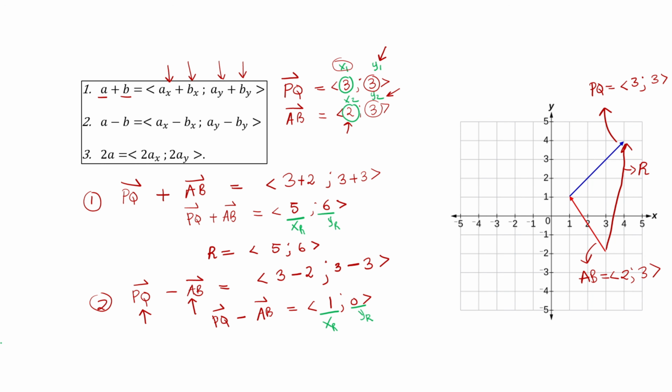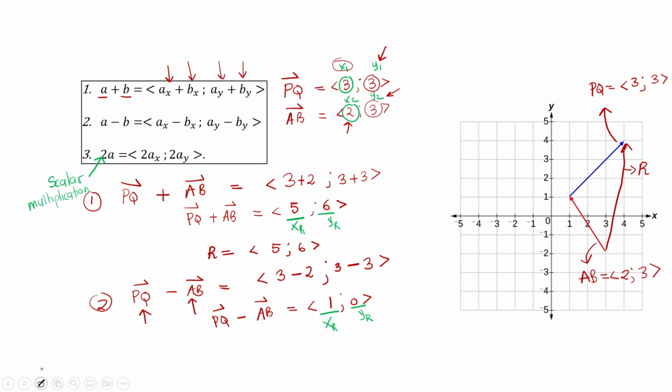And then what if you multiply with a scalar? When you multiply with a number, this is known as scalar multiplication. So 2a is equal to 2ax, 2ay.